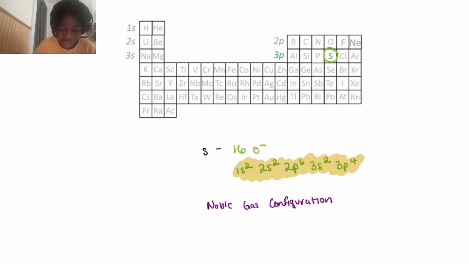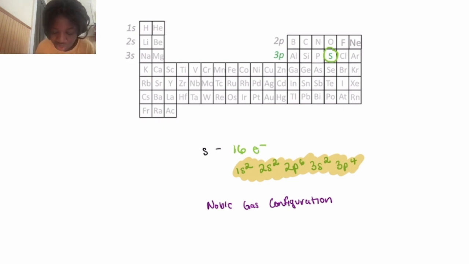So we have our row of noble gases, and what we want to do is choose a noble gas that precedes the element that we need to classify, and we put it in brackets, and that assumes that we've covered the entire electron configuration before it. So say the noble gas that we want to choose is argon. We put argon in brackets, and that means that all these elements prior are all covered in the electron configuration.